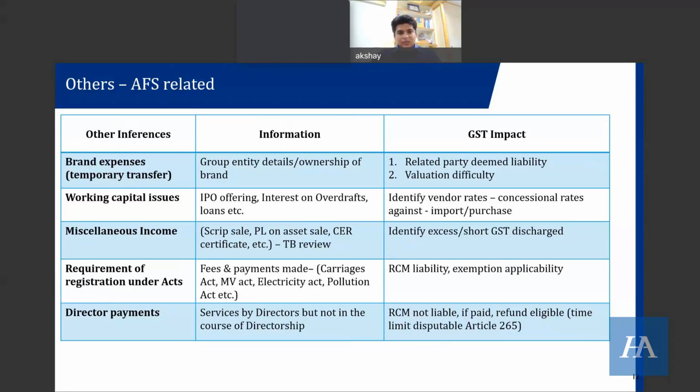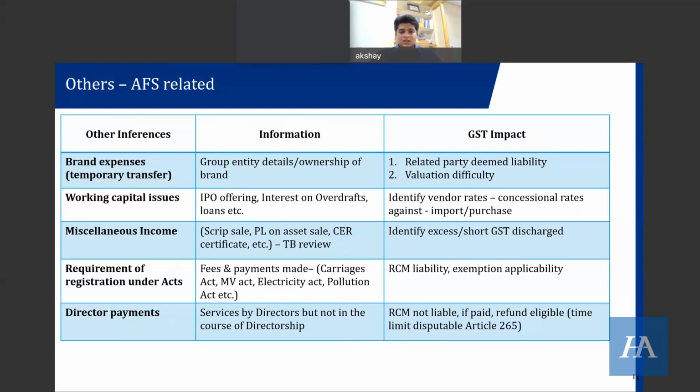Coming to miscellaneous income, there are many incomes which may arise in the miscellaneous income, and some may not have a GST impact. Say, for example, interest on FD or any loans, those incomes will not have any implication in GST, but scrip sale, profit and loss on sale of asset, CER, which is that related to emission, which is given by the United Nations bodies, where they're allowing to provide scripts, certain certificates which can be traded on the international exchange.